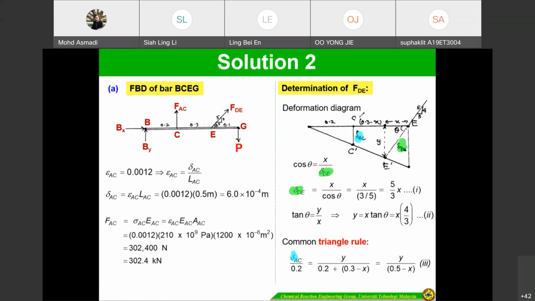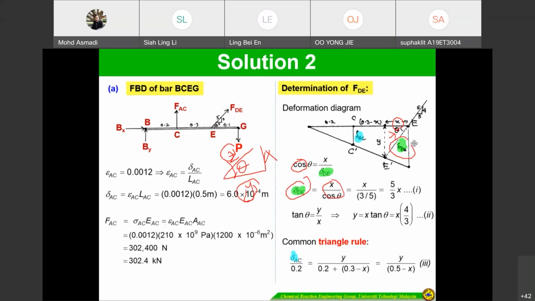By using trigonometry, cos theta is equal to x divided by DE. This is theta. If you still remember, for trigonometry, theta, x, y, z, so y divided by z for the cos. So we can rearrange this equation.